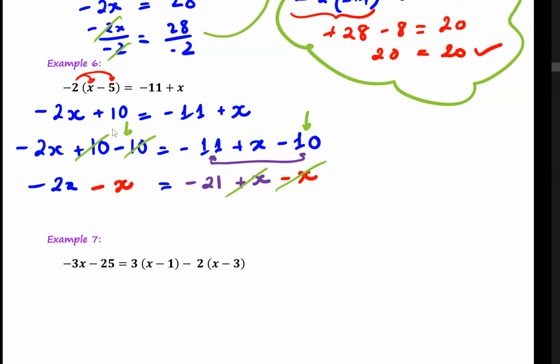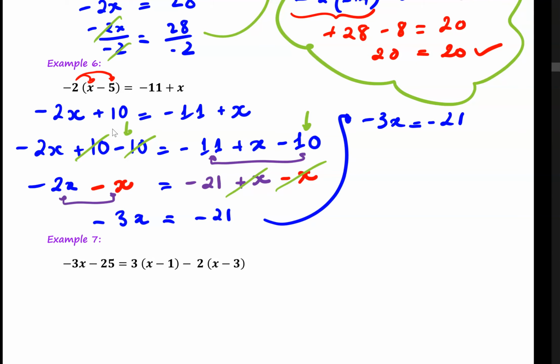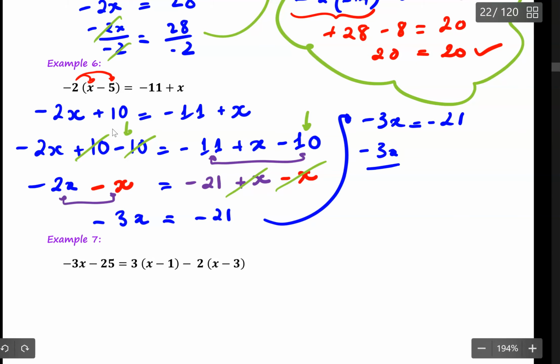Eventually you have x on the left-hand side. So combine these two terms, I should have negative 3x equal to negative 21. So let's write it on this side. Negative 3x equal to negative 21. Now I can divide both sides by negative 3 to get rid of the negative 3, so I can have the 1x. So in this case, I should have x equal to 7.